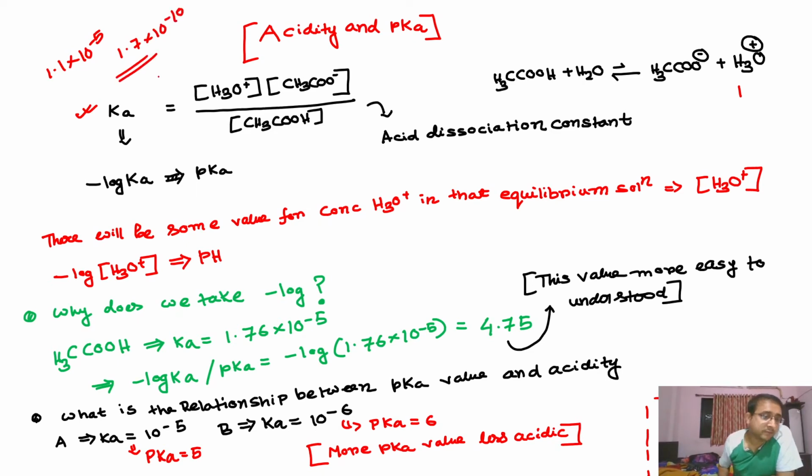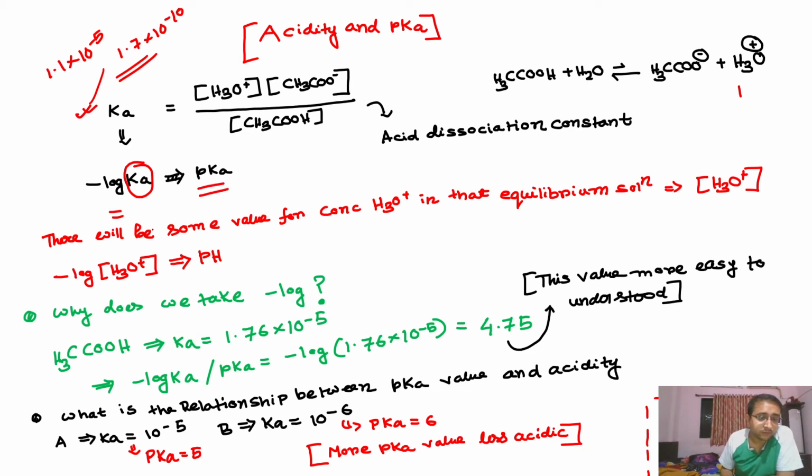There is some way by which we can avoid this, by simply taking the minus of the logarithm of this acid dissociation constant. If we take the minus logarithm of the acid dissociation constant, that is called the pKa value.